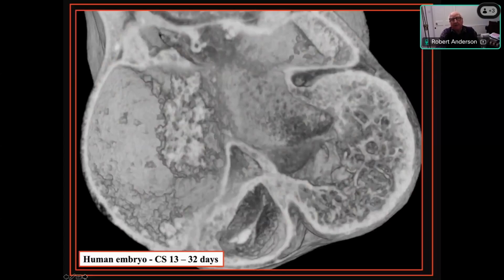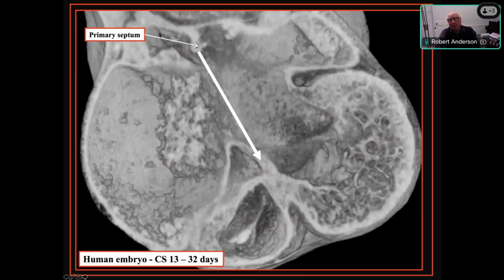So how can we explain that? Well, here is another cut from the human embryo at Carnegie stage 13. And what we are looking at here is the primary septum. In the last session, I showed you how the primary septum grows from the atrial roof towards the atrioventricular cushions so as to divide the right from the left atrium.